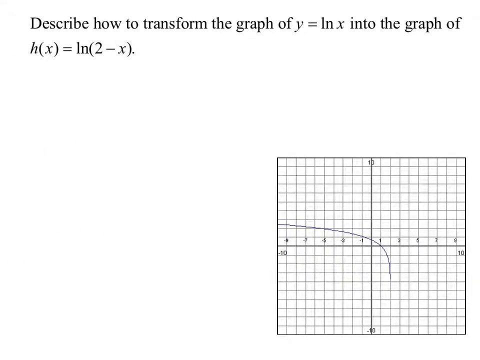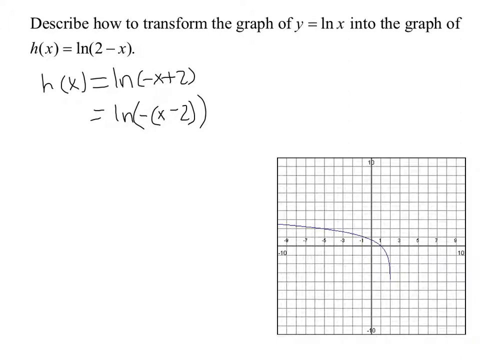So let's look at this. It says, describe how to transform the graph of y equals natural log of x into the graph of natural log of 2 minus x. Okay, so first thing I would do is rewrite it this way, and then factor out that negative. So it kind of looks like this.